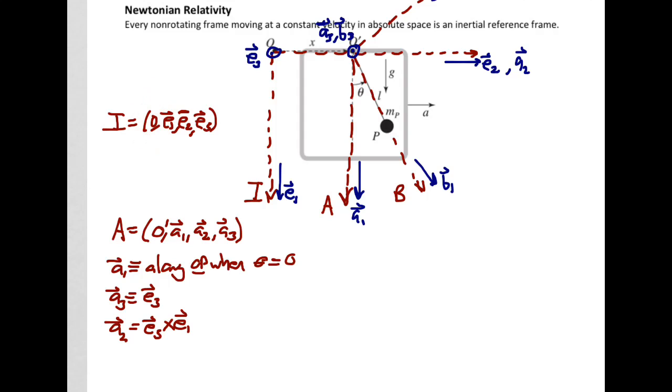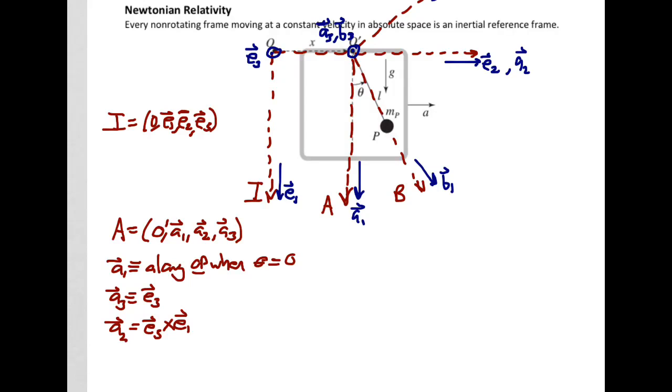We have an origin at point O for reference frame I, and an origin of point O prime on reference frame A. And so that allows us to now have, because O prime isn't fixed within the inertial reference frame, it's moving with respect to the inertial reference frame, and it can accelerate within that reference frame.